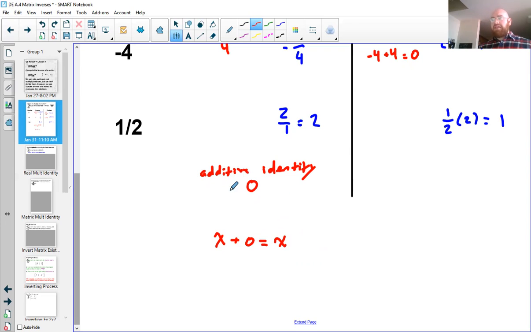So it remains unchanged. Likewise, the multiplicative identity is 1 because x times 1 is still x.